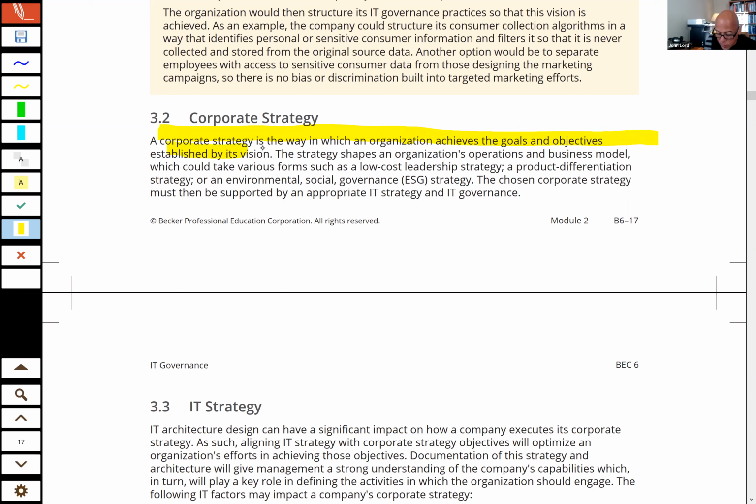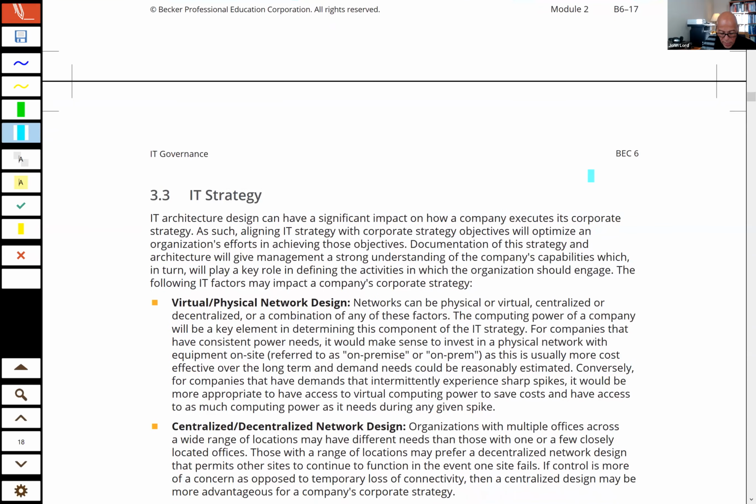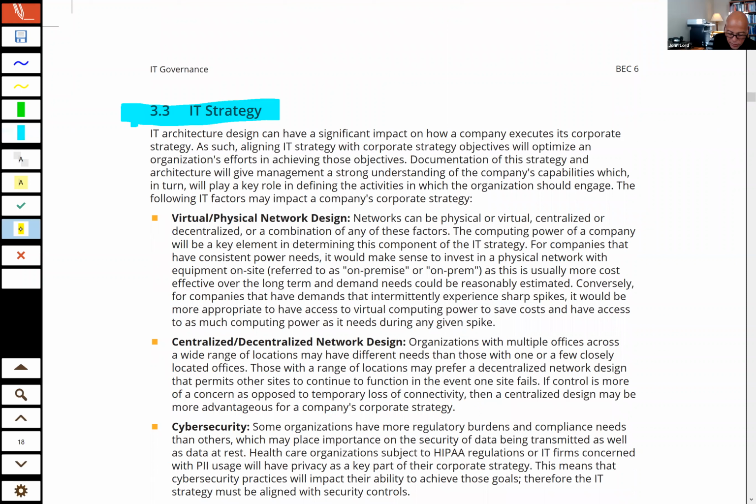But the strategy shapes an organization's operations and business model, in various forms: cost leadership, product differentiation. And again, what we're talking about here is linking a corporate strategy, say, to our IT system, and that's our IT governance. So we have an IT strategy. So we have to literally have an IT strategy.